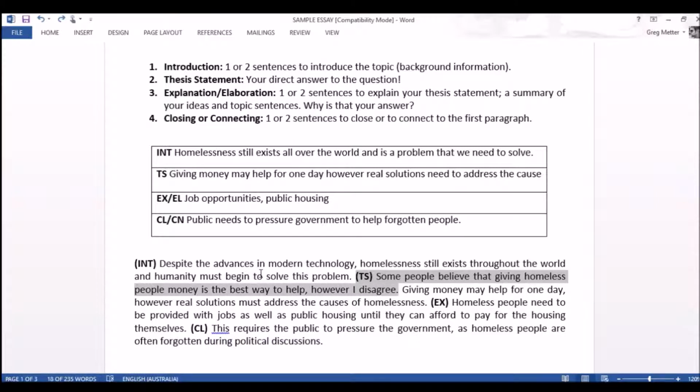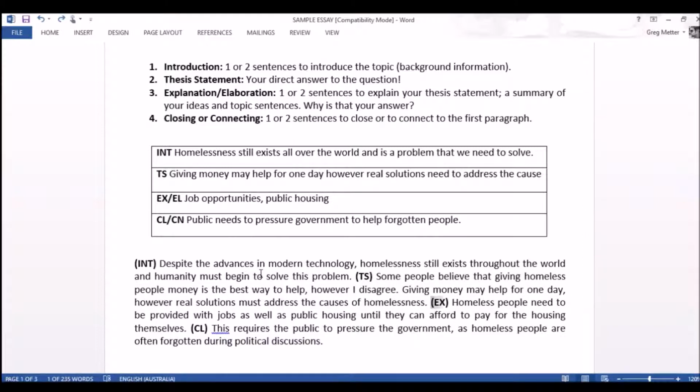However, I disagree. Remember the question asked me, do I agree, or to what extent do I agree? Here I've said, I disagree. In other words, I've given an answer. I've then said, giving money may help for one day, however, real solutions must address the causes of homelessness. That's also part of my thesis statement, because that's why I disagree, and that's what I believe. That's my full, complete answer to the question.